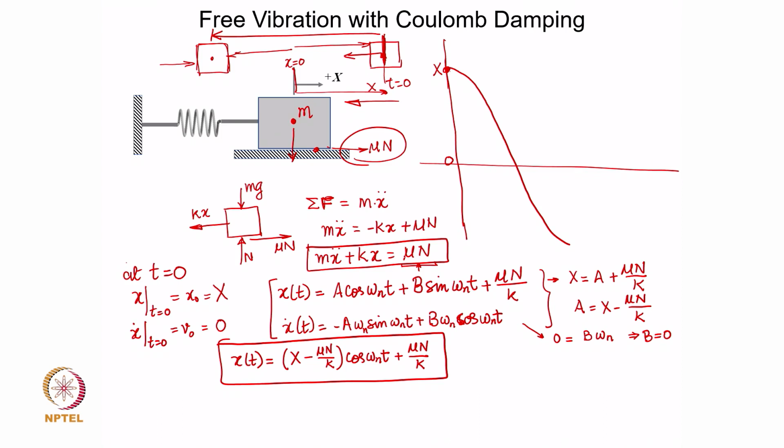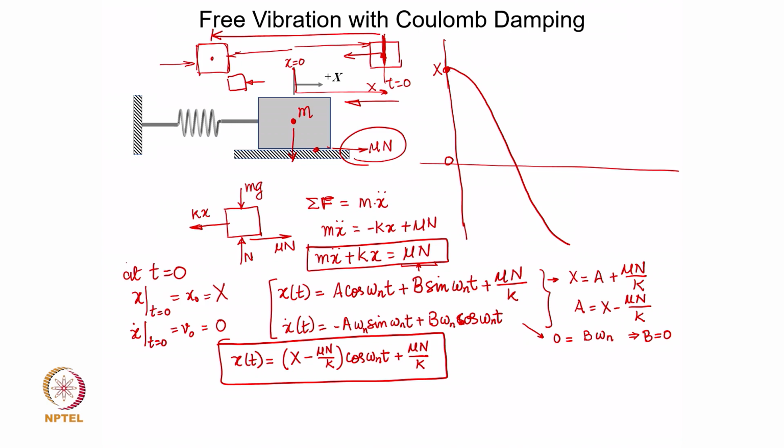So, obviously, as you notice, when it tries to go from this to this, the kx, the stiffness-related restoring force, is going to act in the rightward direction, and the friction force is going to flip its direction.